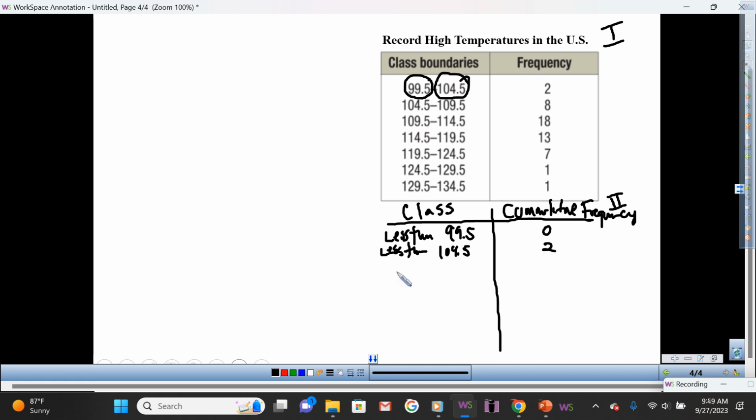2. Next one. Look, instead of writing the words less than, I'm just going to write an arrow. What's my next number? 109.5. Now this is where it gets interesting. Look up. What is the frequency from 109.5 and down?